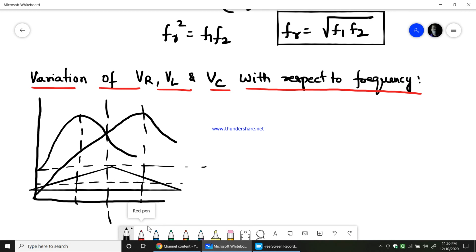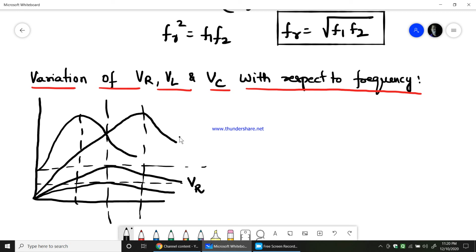Now the curve that you can see here, this is the VR curve, this is the VL curve and this is the VC curve. So this is the point where we see VC max, the voltage across the capacitor.